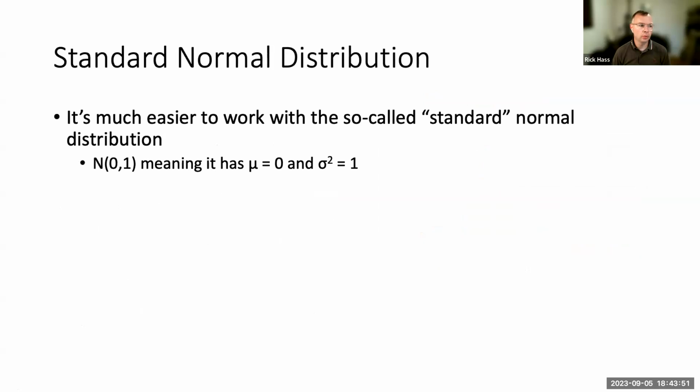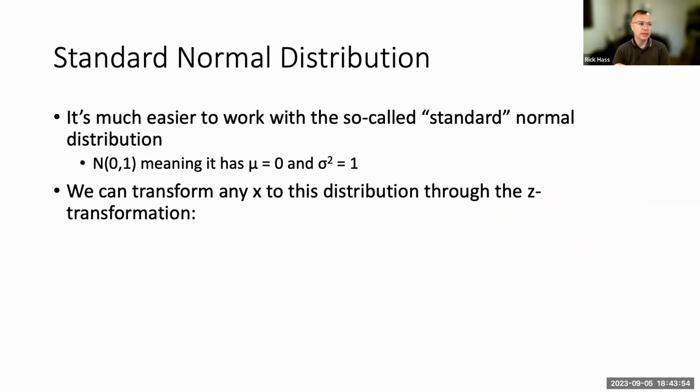That's called the standard normal distribution, sometimes called the Z distribution, because we can turn any normally distributed score X, let's say BMI, which is on a scale from a very small number to about 50, 60, maybe 90 even, into a scale in which the standard deviation is 1 and the mean is 0.